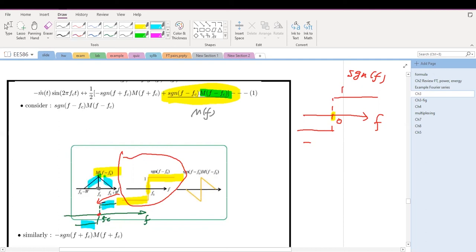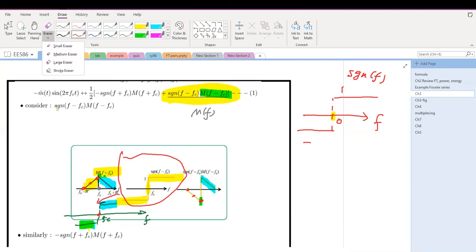On this side, this is 1 multiplied by everything. That's this portion. And on this side, everything is multiplied by -1. The value at 1 becomes -1. And here half becomes -half. And 0 is still 0. So that's the shape of these two waveforms multiplied together. That's this waveform.